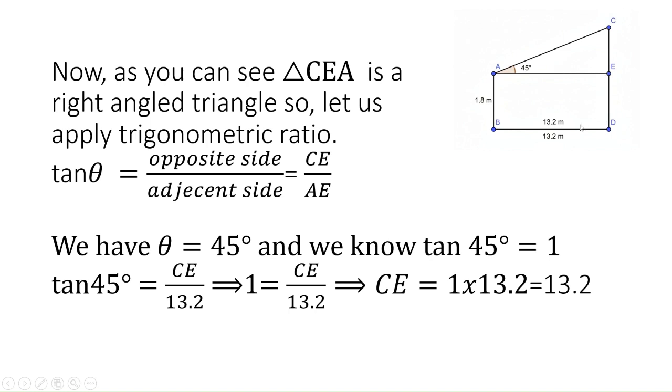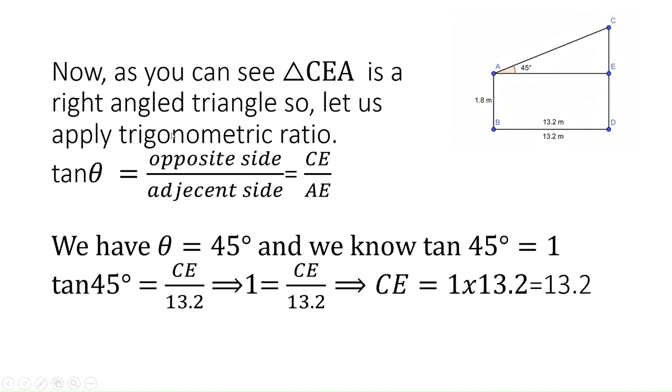So let us apply the trigonometric ratio of tan theta. How can we find tan theta? Tan theta is nothing but the opposite side by the adjacent side to the angle theta. Here theta is nothing but 45 degrees, that is the angle of elevation of the palm tree from the eyes of that particular person. So we are calculating with respect to this 45 degrees only.